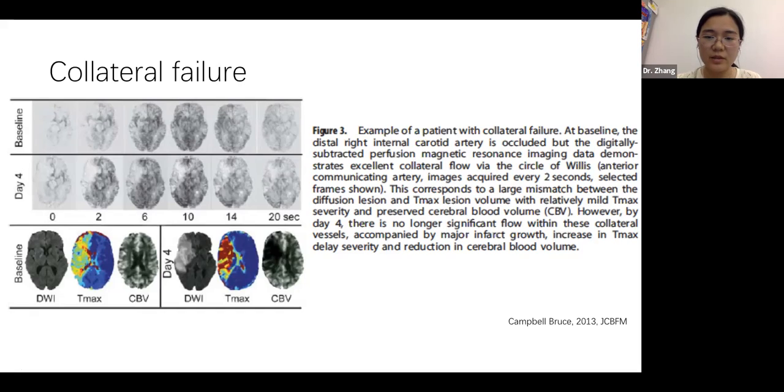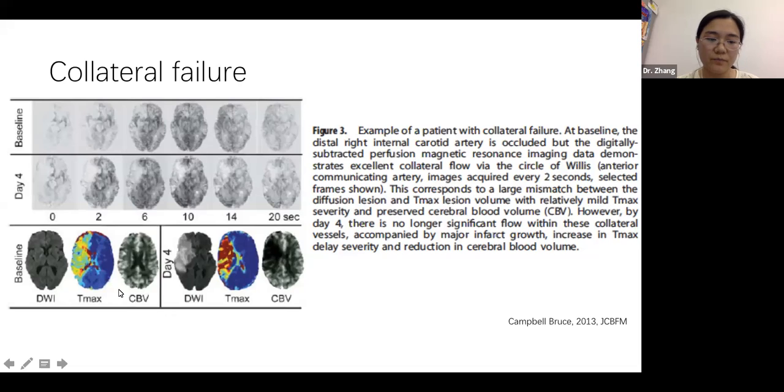From the PWI, they generated images like DSA. According to the DSA method, they reconstructed the PWI to generate this image. From this image, we can see excellent collateral flow via the circle of Willis, and this corresponds to a large mismatch between the diffusion lesion and Tmax lesion volume, with relatively mild Tmax severity and preserved CBV.